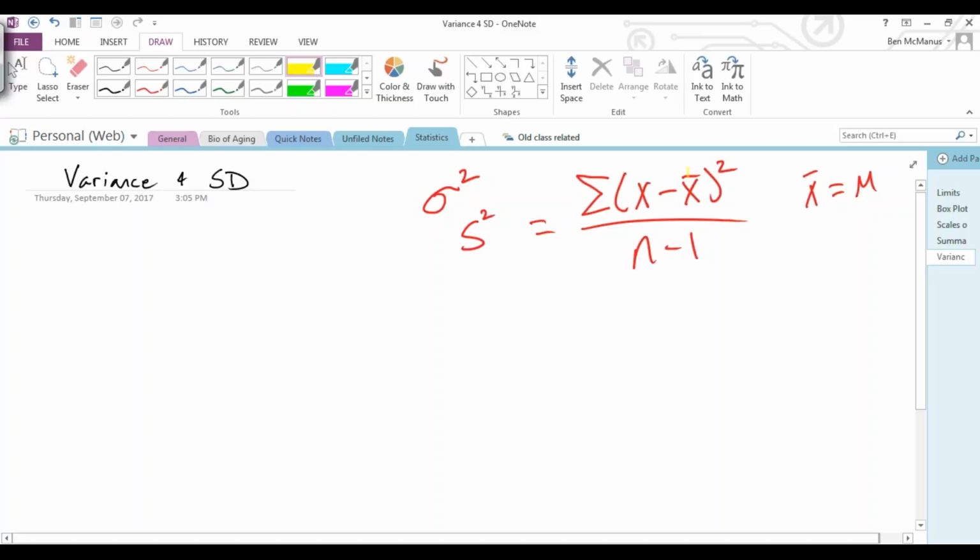So when we look at the formula, let's look at the top, just inside here first. We're saying x minus x bar, or x minus the mean. We're saying I want to know the difference between my individual raw data points and their average, the average for the whole set. Because again, we're attempting to quantify how far away from the average is my data. So x minus x bar attempts to get at that.